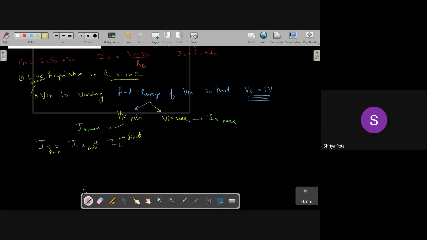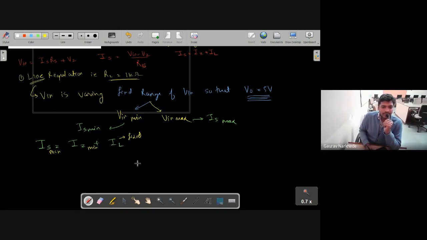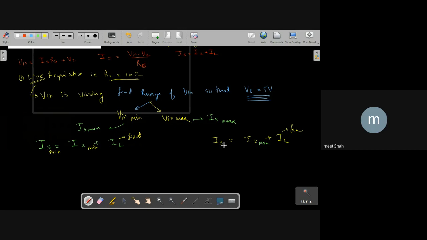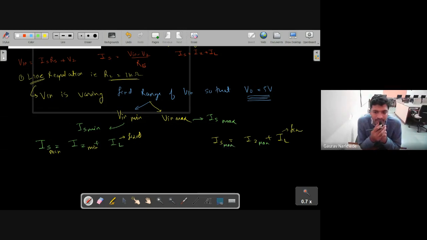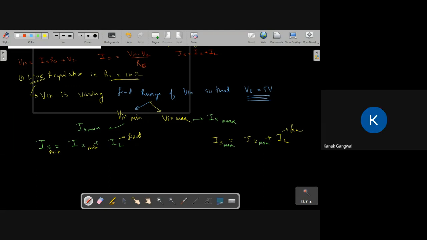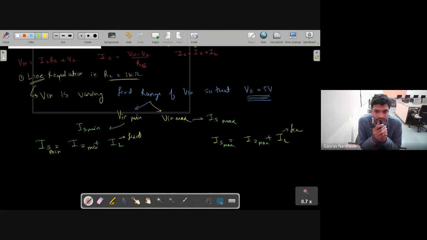And how will IS maximum be found? IS is IZ plus IL. Since IL is fixed, whenever IZ is maximum, IS will also be maximum, correct? Good. Now first of all, we need to find IL.